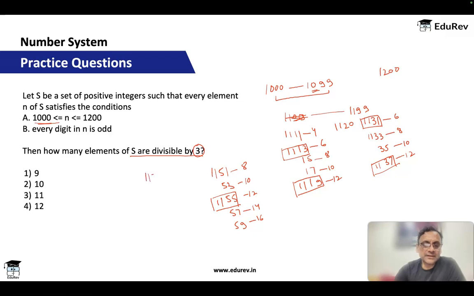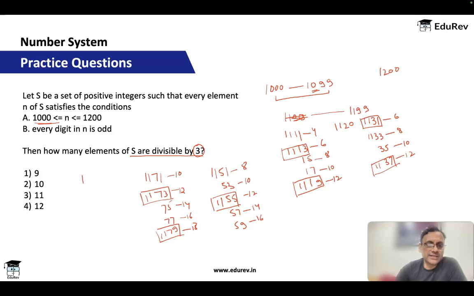In 1170, first number is 1171, which gives you 10. 1173 will be there, which will be 12. Then 14, 16 and 18. So this is 75, this is 77 and this is 79. So 1179. Okay, so I get two numbers here, 1173 and 1179.